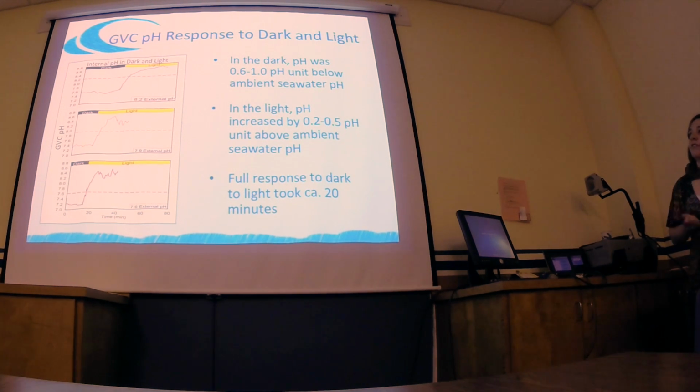So here is an external pH of 8.2, which is about a normal pH for these corals. And we found that in the dark, there was a significantly reduced pH of 7.6, and then when the lights turned on, after about 20-30 minutes, we reached a pH within the GBC of about 8.7.